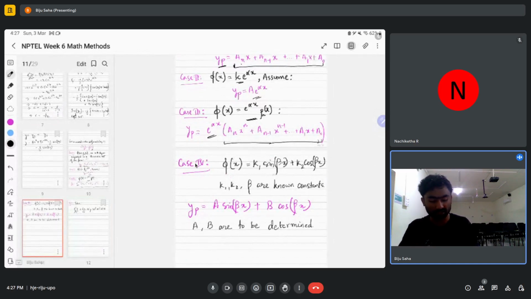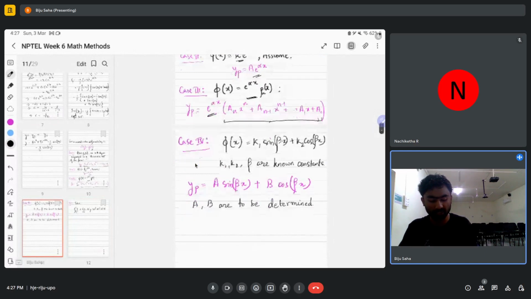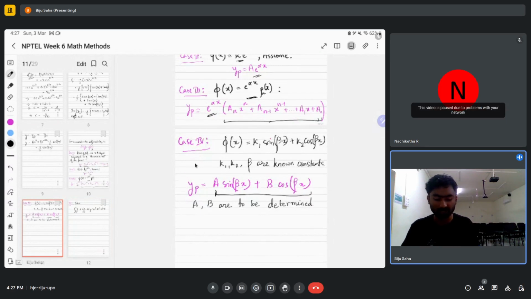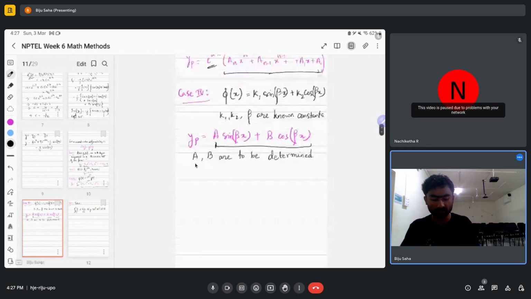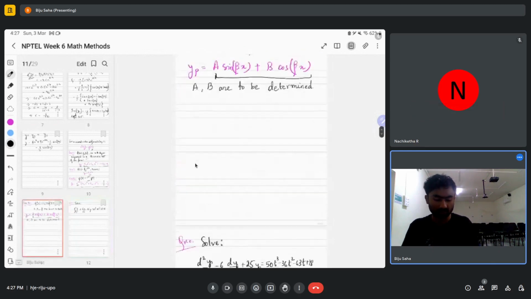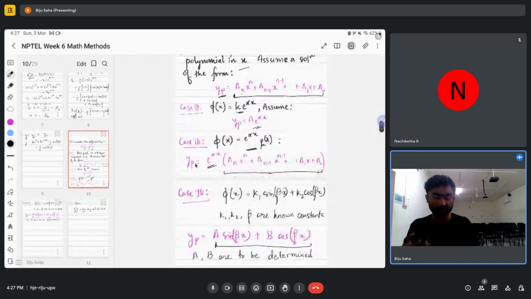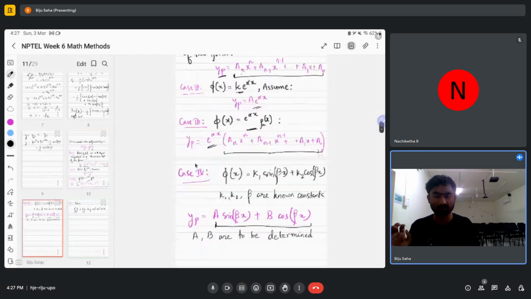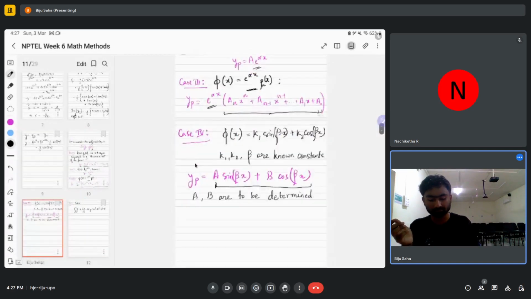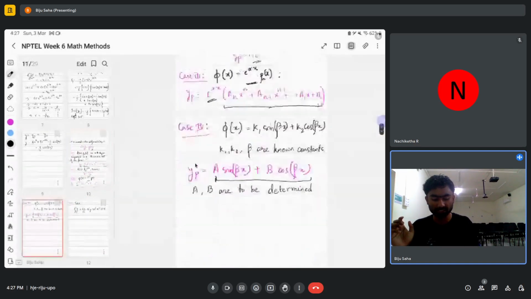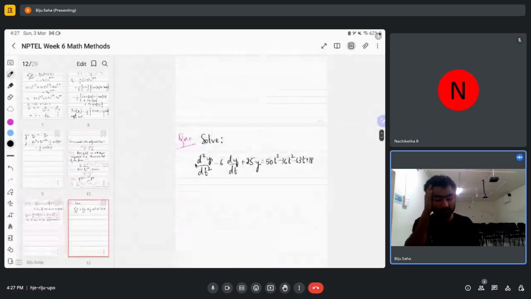In that case, we can assume a solution of the form A sin beta x plus B cos beta x, and then determine A and B. So this is another way to arrive at the particular solution, that is, to assume a solution and arrive at the necessary values of the coefficients, capital A and capital B. With this motivation, let us go towards solving this particular problem.